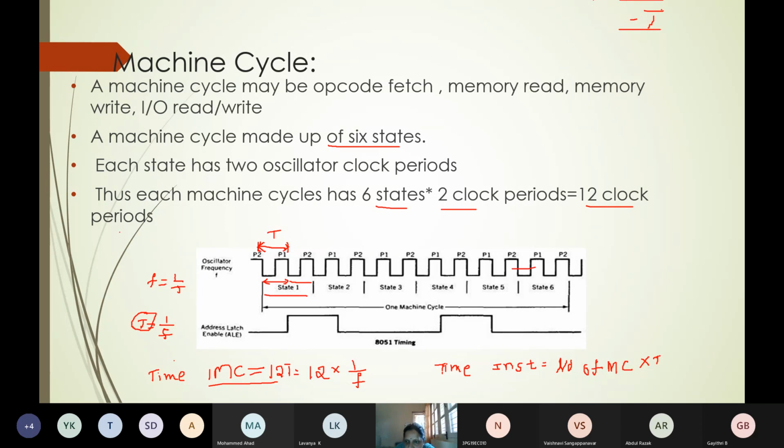That gives me the time required to execute one complete instruction.